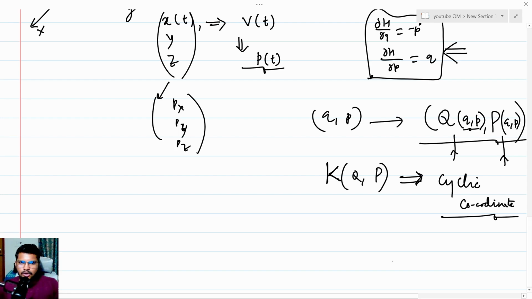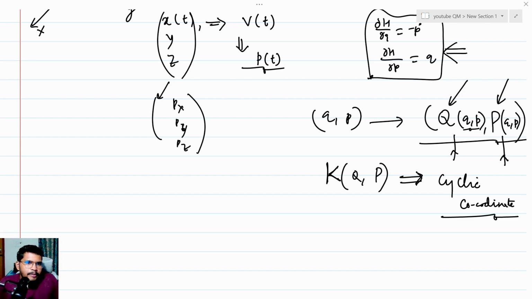Once I get the cyclic coordinate, getting the equation of motion is kind of easy, right? But the problem is how I am going to get this Q and P. Should I have to guess all the time, or is there any particular way in which I can get the relation between Q and P? This is the relation that I am going to need all the time, no matter what the problem is.